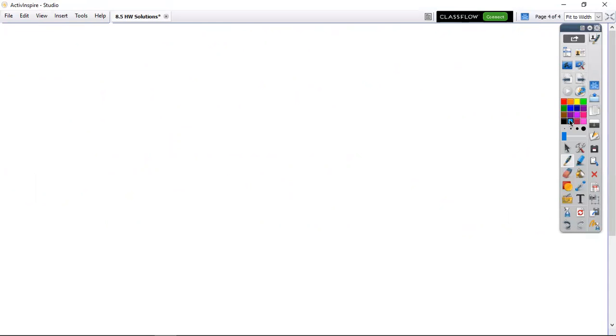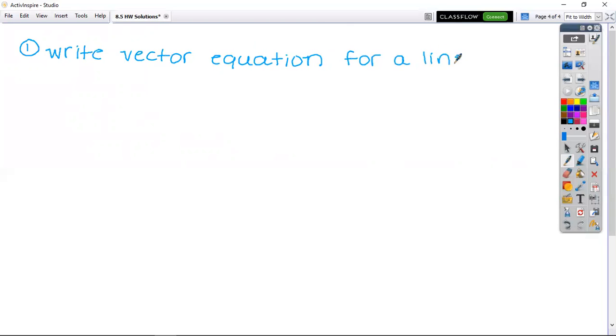They're not wordy. So part A is I want you to write a vector equation for a line passing through, and I need to give you an ordered pair.